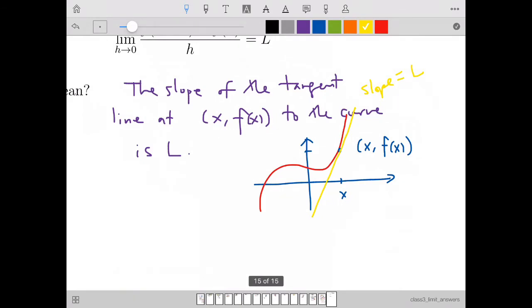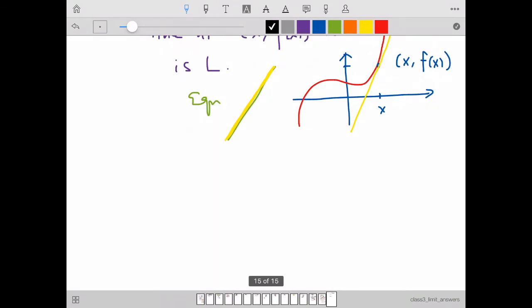Now suppose I want to find the equation. What's the equation of this tangent line? Well, how do you determine the equation of a line?